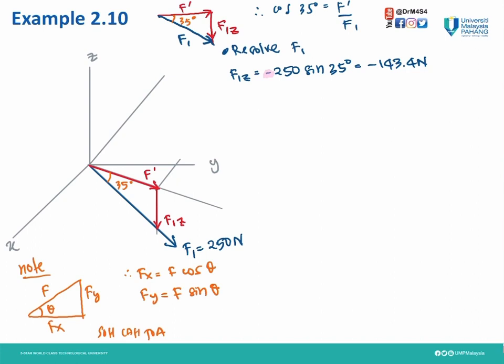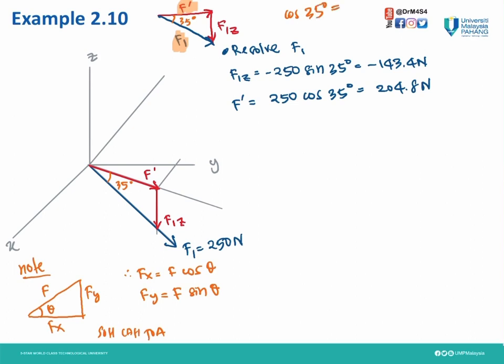Next, we need to find our F prime. So we have to resolve our F1 to get F prime. To do that, we use cos 35 equals F prime divided by F1. Then we get F prime, 250 times cos 35.